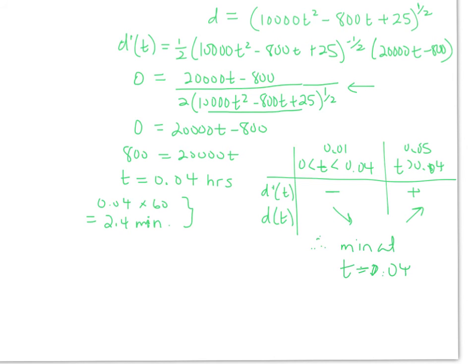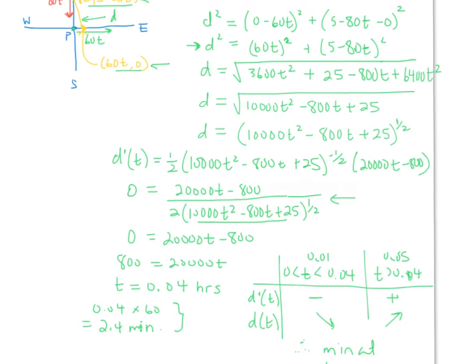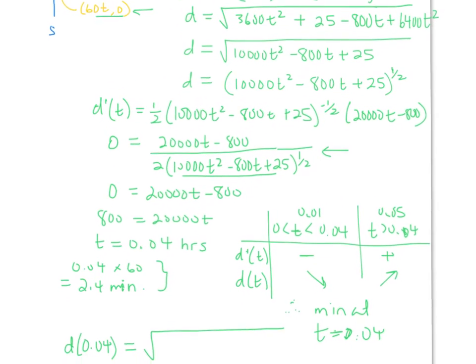Okay, and then from there, the last thing we want to do is actually calculate the distance between the two vehicles. So we're going to put d at 0.04. The minutes will just be for the therefore statement. We're going to put in the actual calculation using the equation for distance up here.